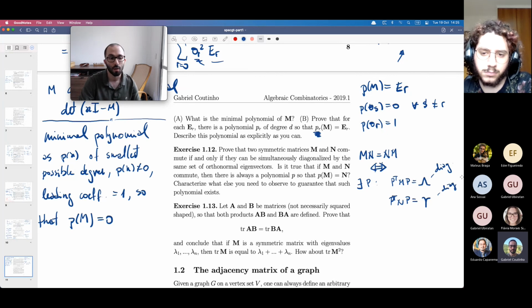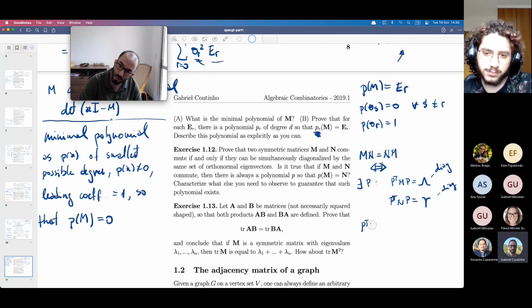Now, one direction here is trivial. Which one is it? Or both, but one is more trivial than the other. Well, if you assume that this is the case, so if P transpose, then you can see, so what is the trivial thing here?